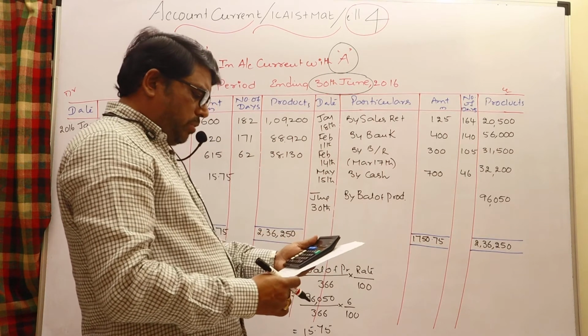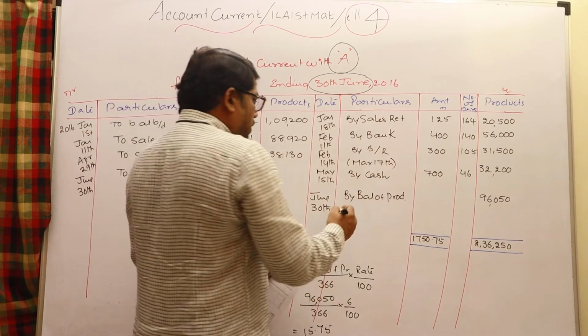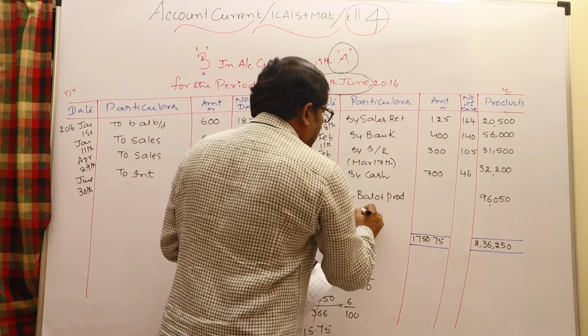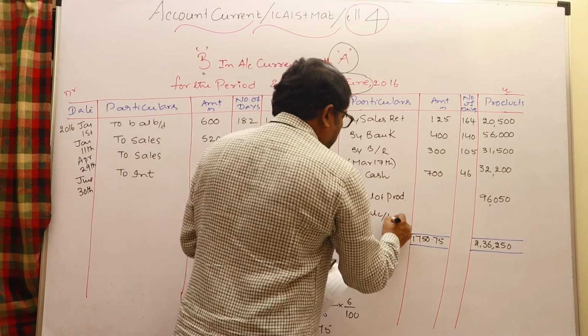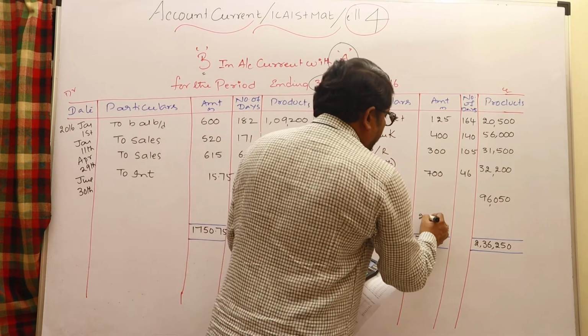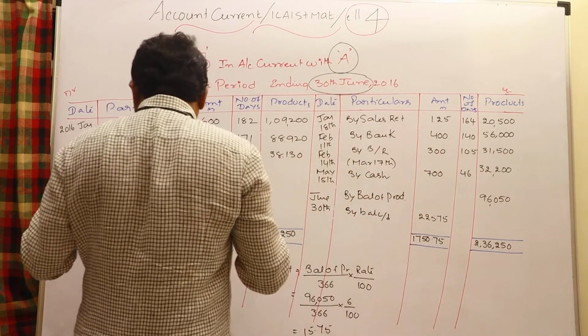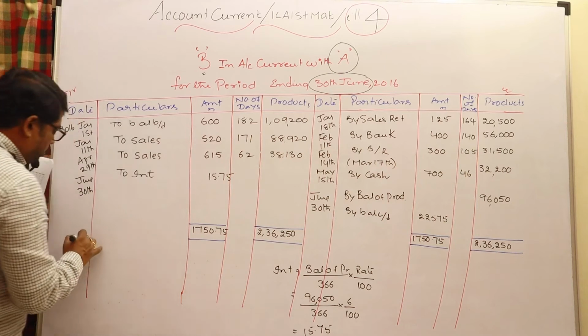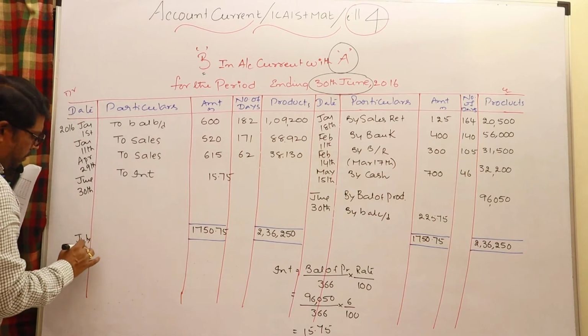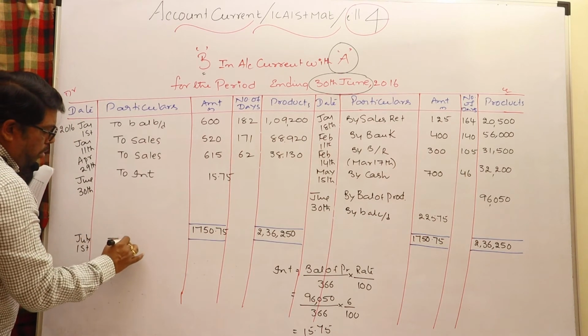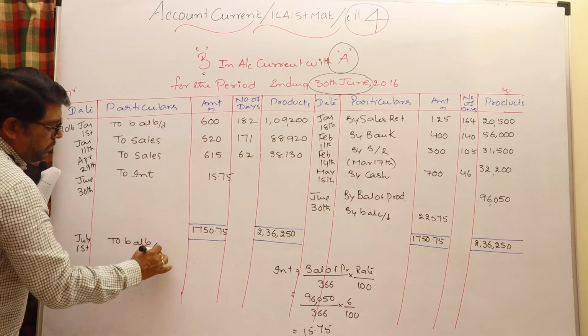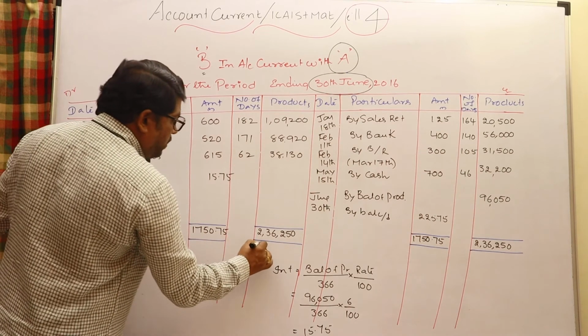So 225.75. By balance carried down 225.75, and obviously on July 1st, to balance brought down 225.